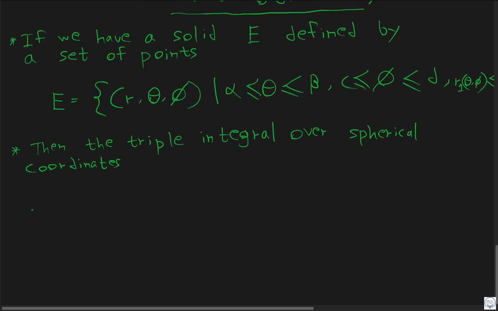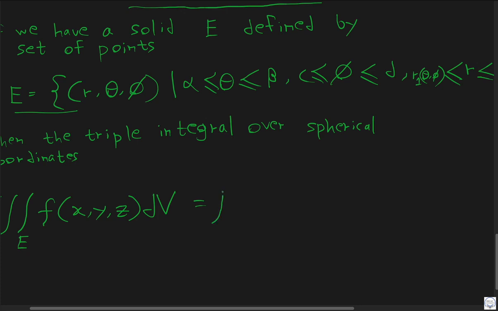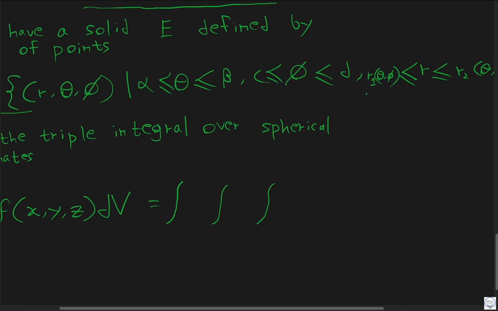Then we can say that if we have been given a function in, let's say, Cartesian coordinates, because we'll often convert Cartesian integrals into spherical integrals due to some spherical symmetry, so let's say we are doing the triple integral over the solid E. Then we'll convert this into these three limits.